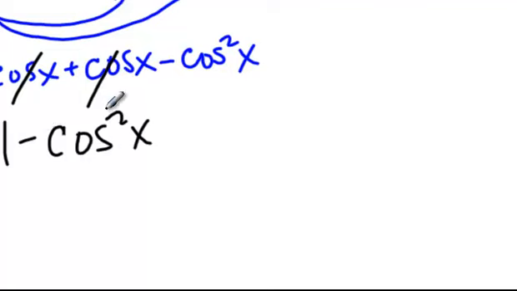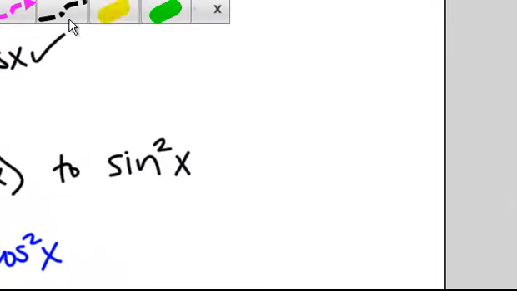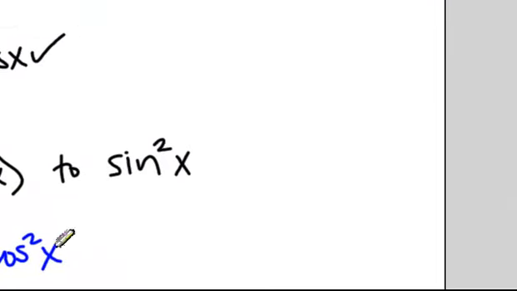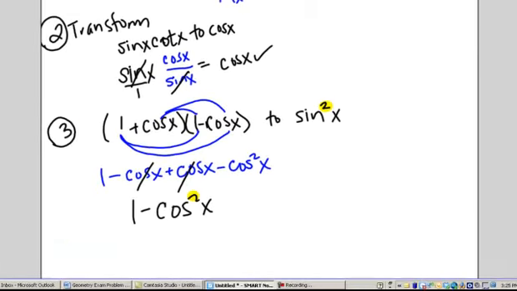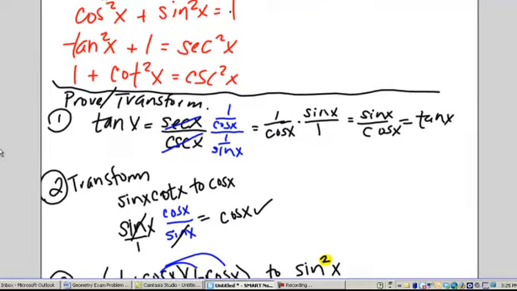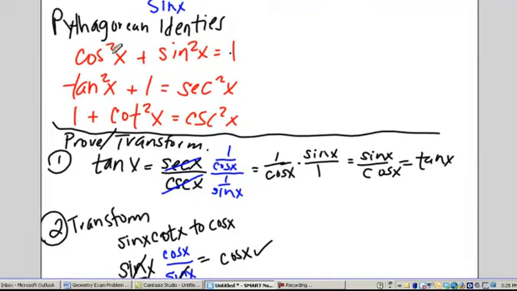Okay? Here's a hint. Whenever you see a square, pretty much 90% of the time you're going to be using the Pythagorean identity. So if you pause and look back up at your notes, our Pythagorean identity is cosine squared plus sine squared equals 1.